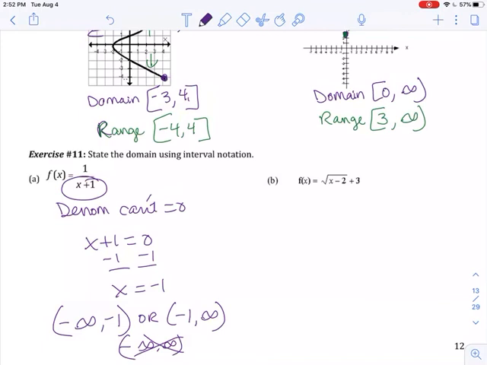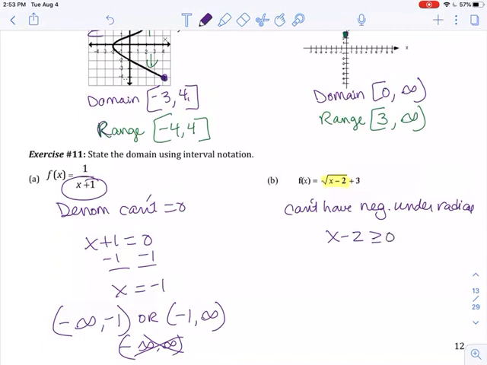All right. Next one right here. I have a radical. With a radical, you can't have a negative under the radical. So I'm just going to take just what's under the radical, okay, just this expression right here, and I'm going to set it to greater than or equal to 0.